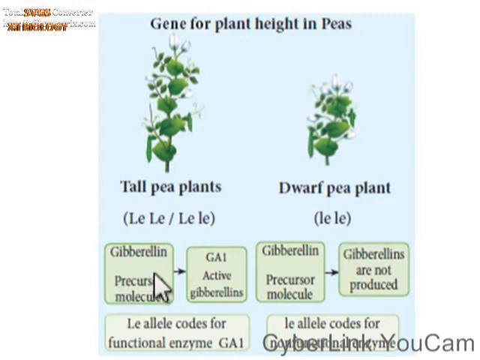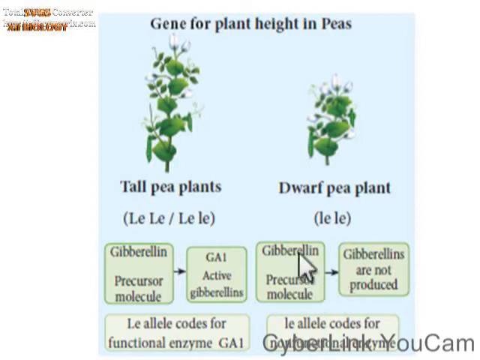Here we have gibberellin, which is the growth hormone present in plants. The precursor will become active gibberellin, and this gibberellin molecule will not be produced when the allele is recessive. When this gene is active, the gibberellin will get activated, so the plant will grow taller.